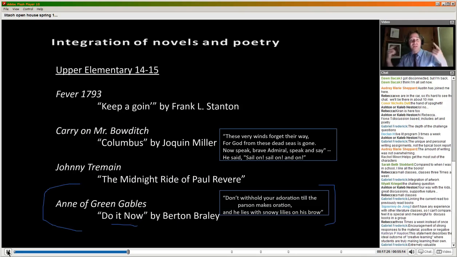And then suddenly light bulbs go. And the theme of the poem, the value of immediate praise, the value of immediate acknowledgement of a person that you care about, immediately becomes enriched by the memory of Anne, who refuses to acknowledge that she cares about this other character.